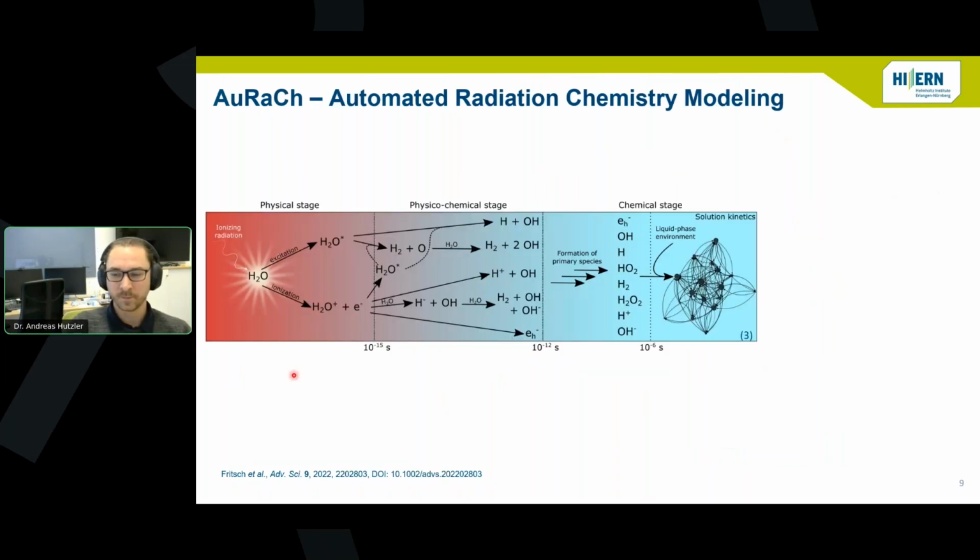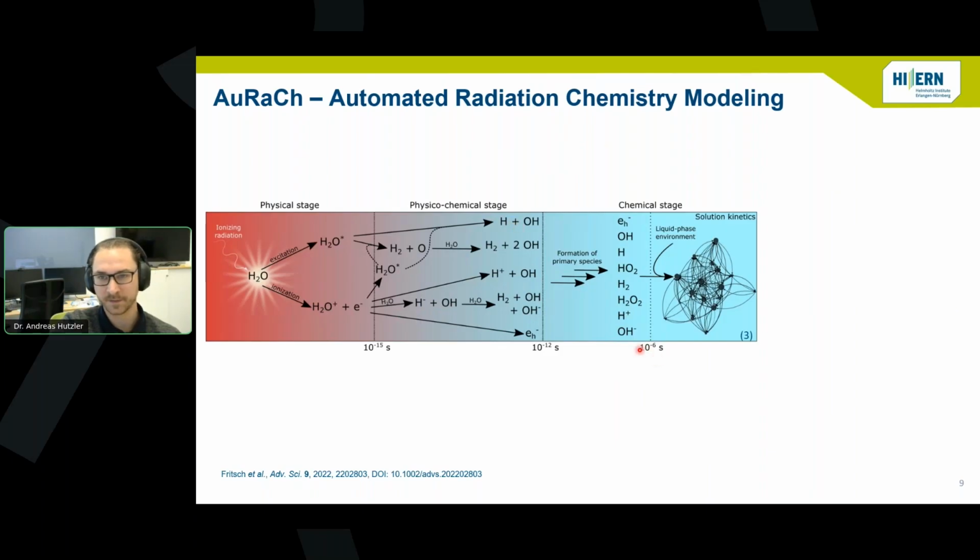So what is happening when ionizing radiation hits our solvent molecules? We mainly use water or aqueous systems. When the electron beam hits the water, we get excitation and ionization. The water molecule is ripped into its pieces and will rearrange.